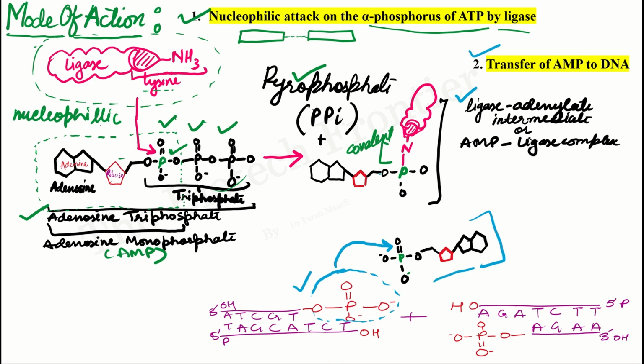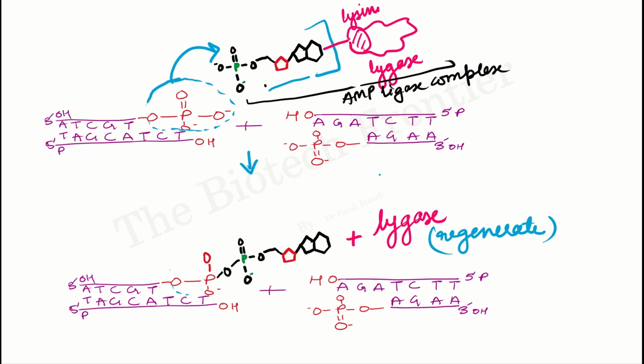This attack results in the formation of the phosphodiester bond. This nucleophilic attack on the AMP ligase complex from the 5' phosphate group of the DNA molecule results in the formation of the phosphodiester bond between the 5' end of the DNA strand and the phosphate group of the AMP molecule of the AMP ligase complex.